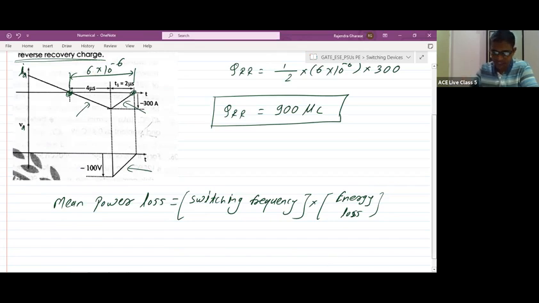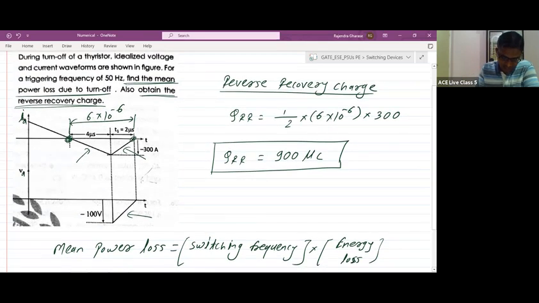Now you can check here from this point till this point. Here the current is non-zero, but what about the voltage? You can check this point on the voltage plot, and this point is nothing but here. Corresponding to this 4 microsecond, what is the power loss?